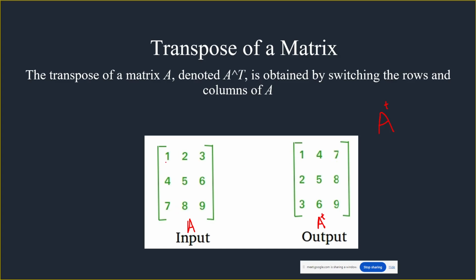Our second column 258 in the final output became the second row, and our third column 369 finally becomes the third row.